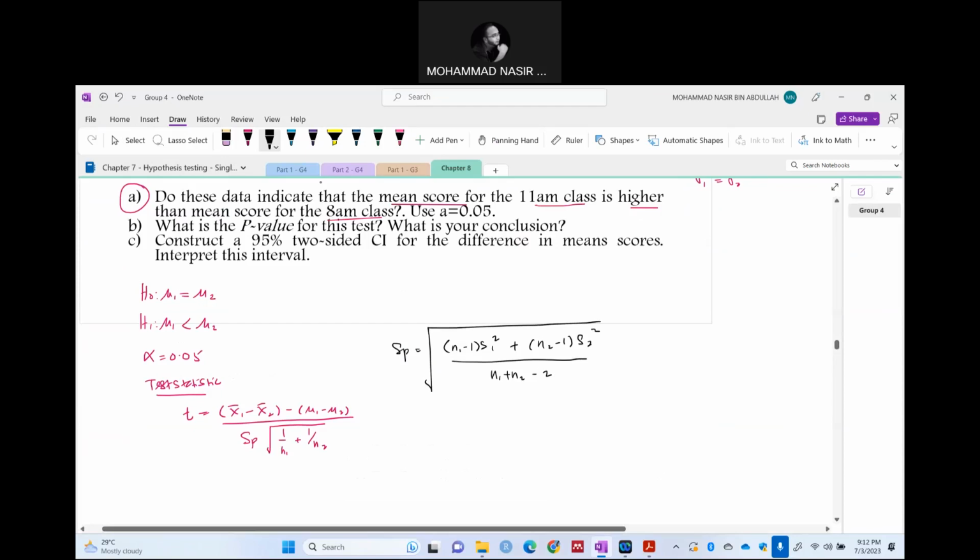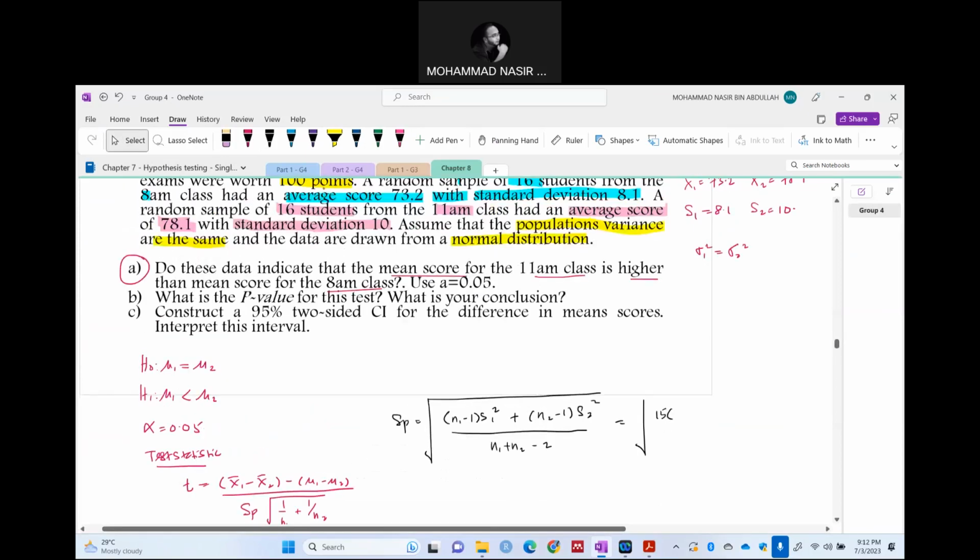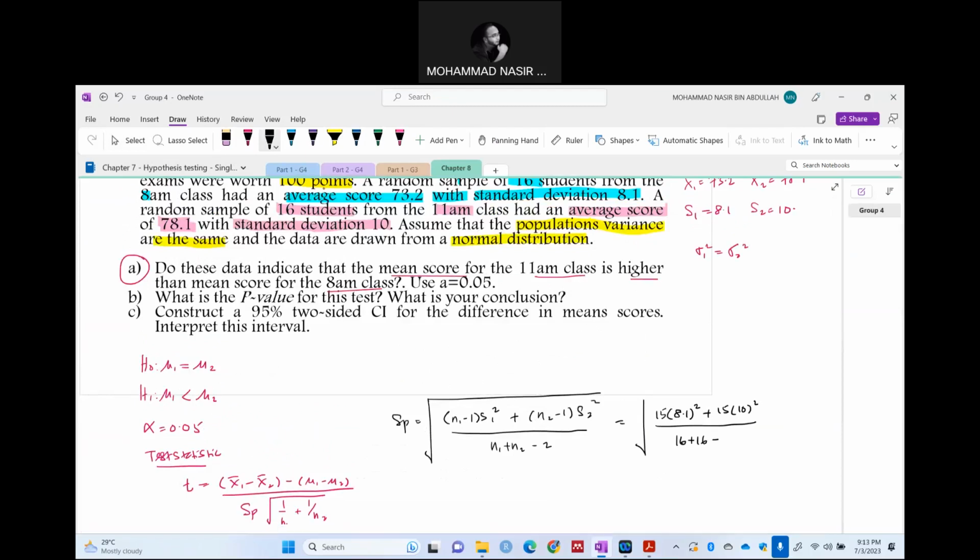So n1 is equal to how much? It's 16, so 16 minus 1 equal to 15, times 8.1 square, plus 15 times 10 square, divided by 16 plus 16 minus 2. So what is the value here? Can you calculate? Should be 9.10.